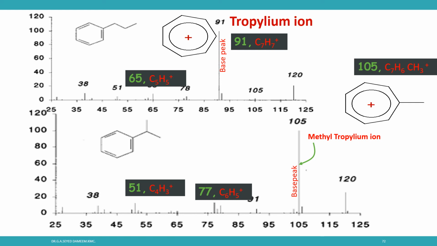From the molecular ion, by the loss of an isopropyl radical, it gives the phenyl cation C6H5+ with mass 77. By the loss of acetylene from this ion, it gives an ion with the formula C4H3+ with mass 51. So this is the fragmentation pattern of isopropylbenzene. The peak obtained at m/z 105 is the base peak, corresponding to the methyl tropylium cation.